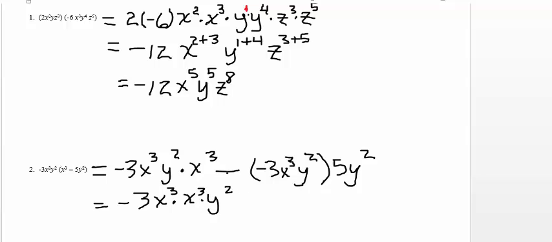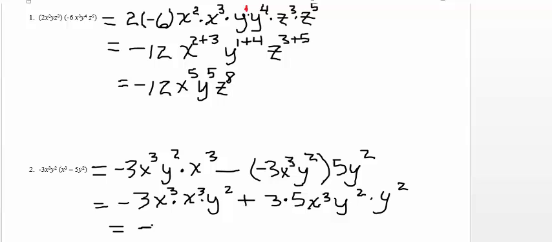And a double negative is a positive. So let's take care of that double negative. Let's multiply 3 times 5, and then x cubed times y squared times y squared.